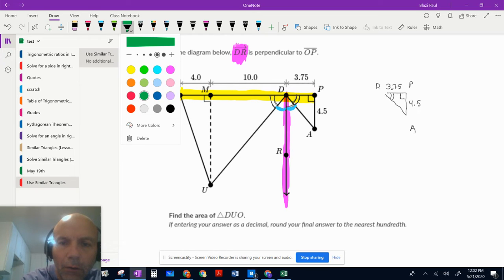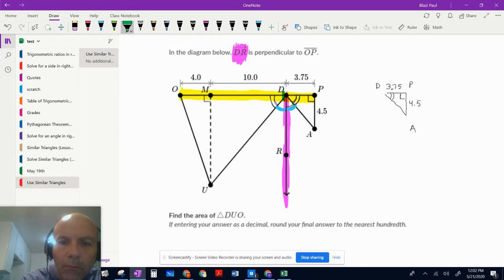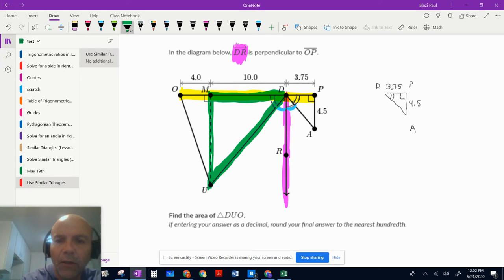Well, it's this triangle right here, okay? They both have two congruent angles. They both have a 90-degree angle, and they both have the angle with the two marks on it there. So those two triangles are similar, okay?